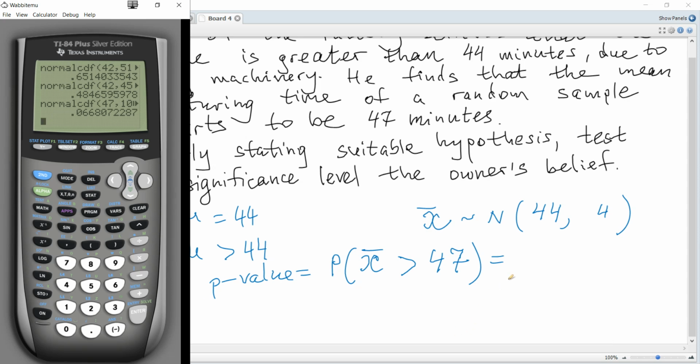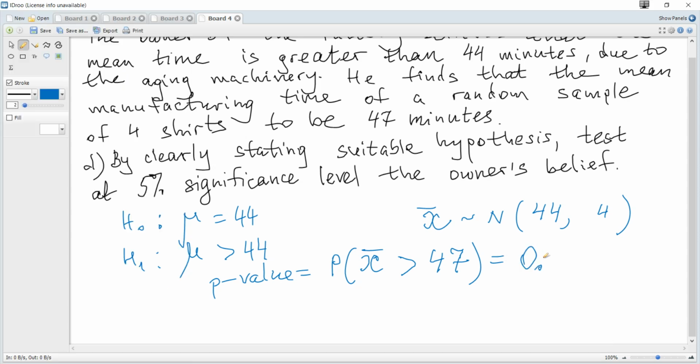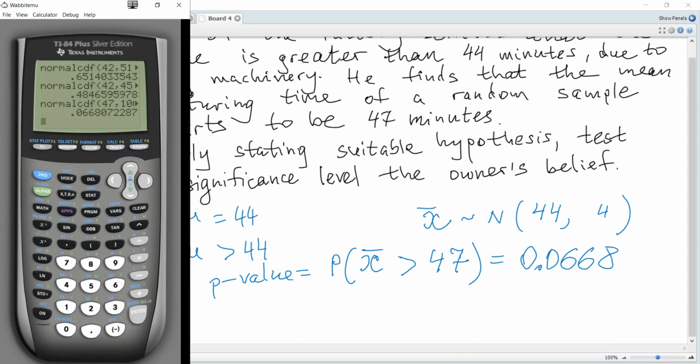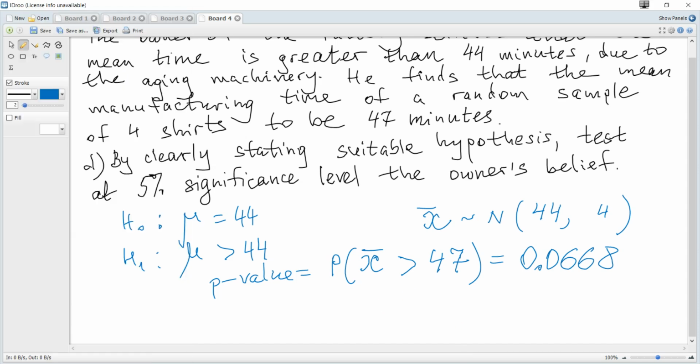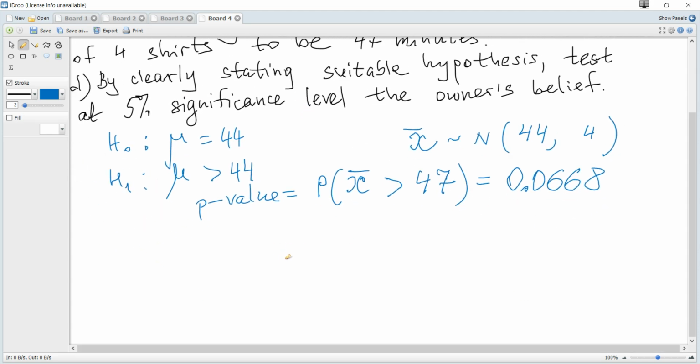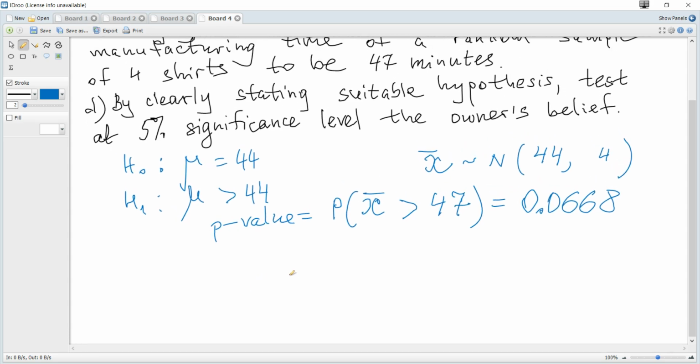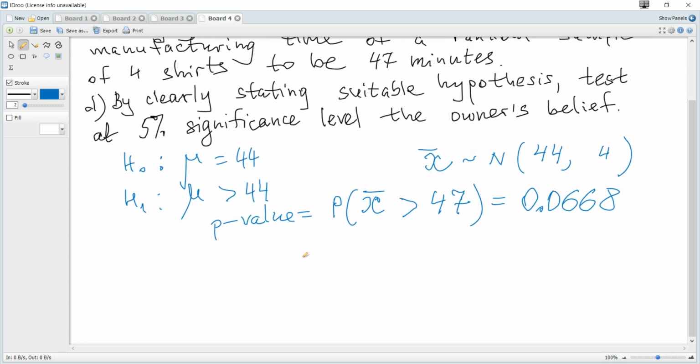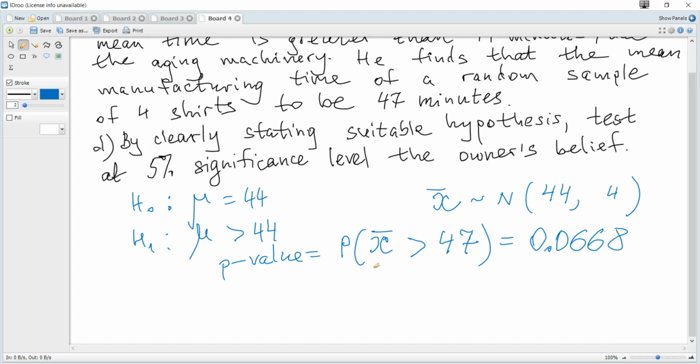And we get that it is equal to 0.0668, and then we compare this with the significance level 5%, and it will be the conclusion of our test.